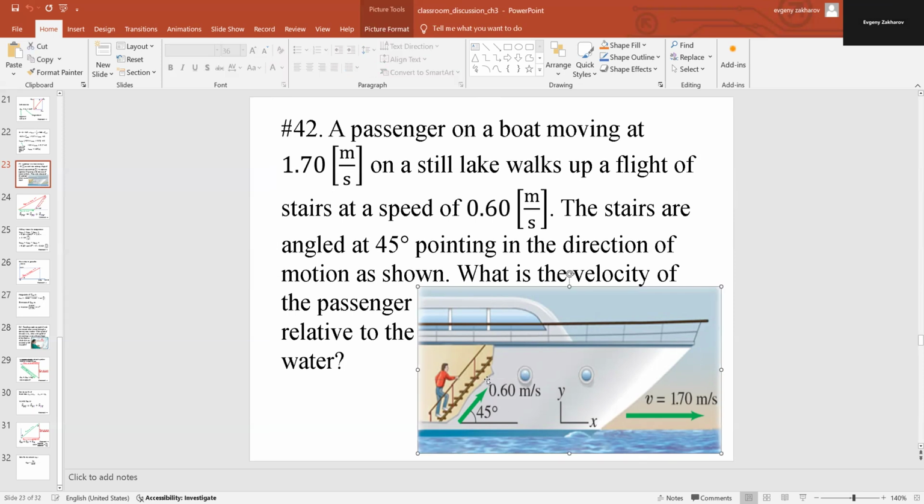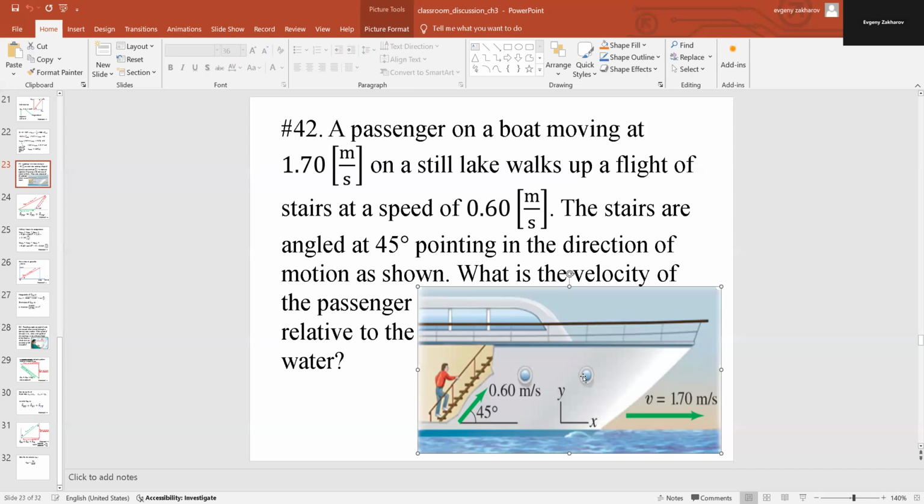So what do you say for this 0.6? It's the velocity for the passenger with respect to the boat. Okay, it was boat with respect to the lake. Now it's the passenger with respect to the boat.